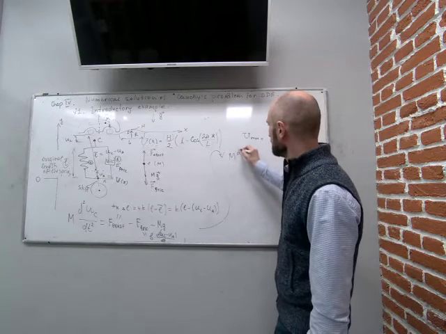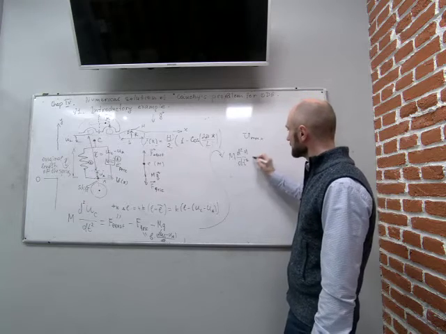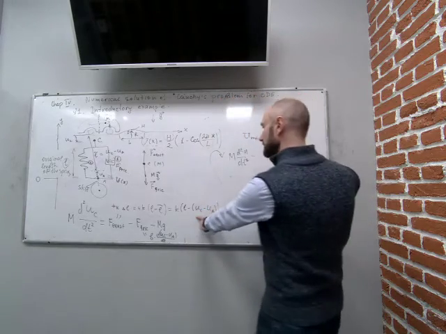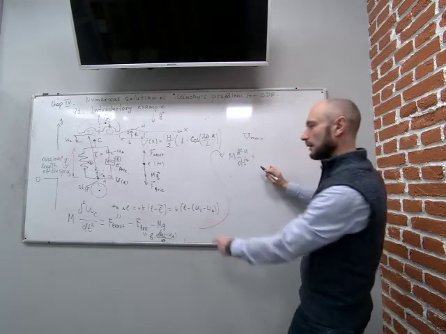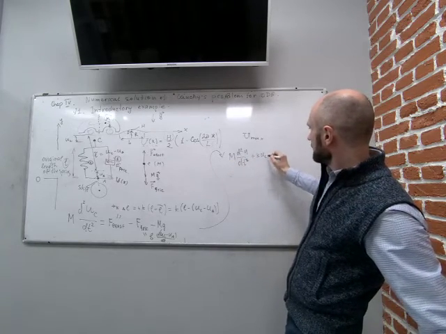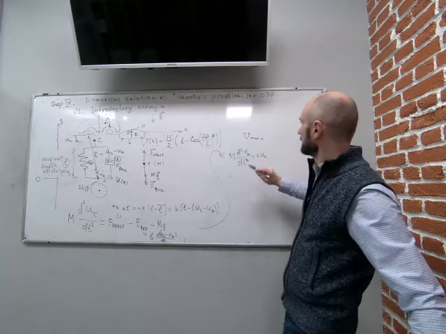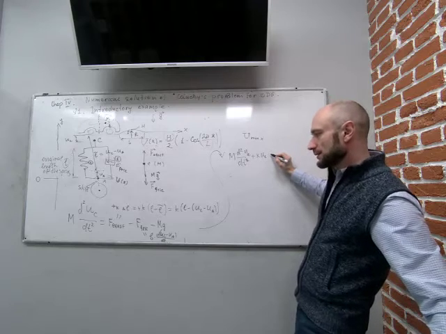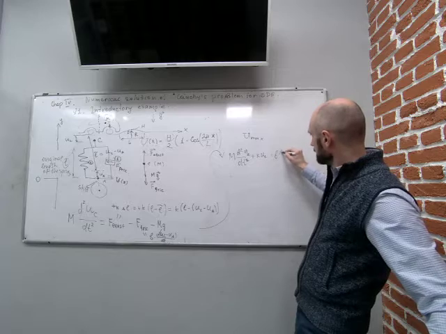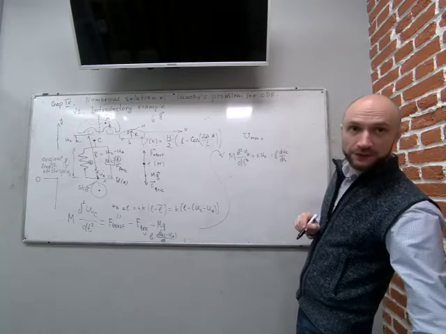M d2u by dt squared, so to say, which is not correct, is equal to plus k uc. I should be writing c here. What else? Help me. Plus b duc dt. And that's it for the left hand side, right?